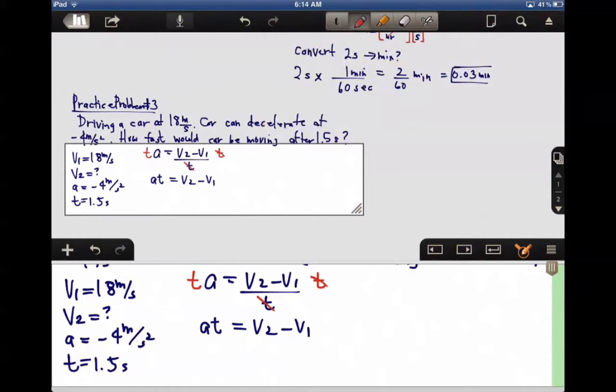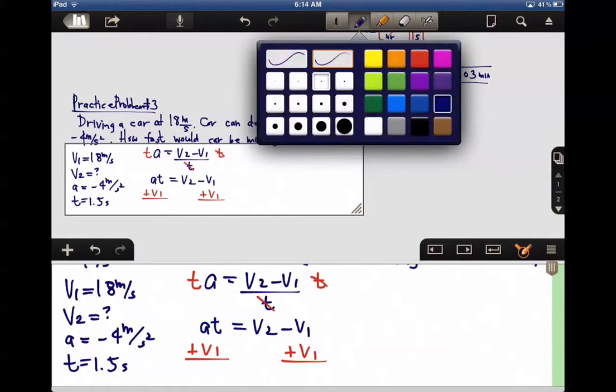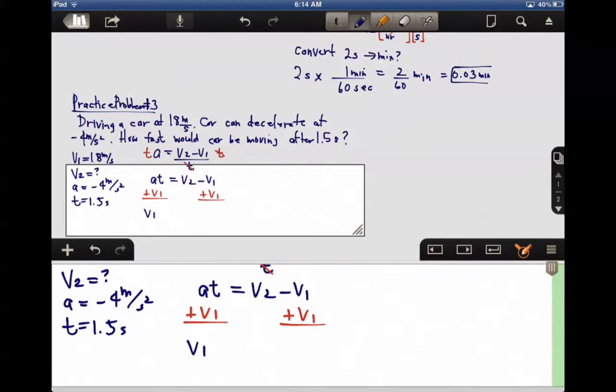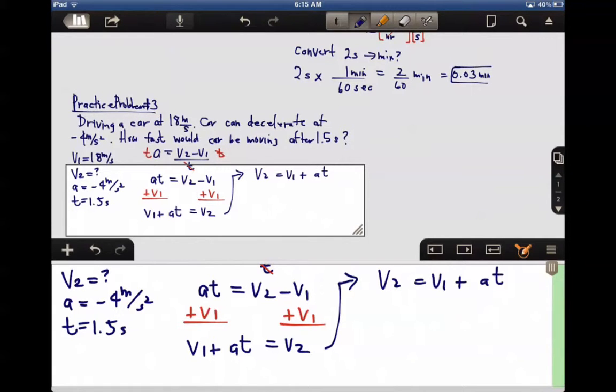And then I'm going to add V1 to either side, and that will leave V2 all by itself. And so this equation becomes V1 plus AT equals V2. So I'll bring that over here. V2 equals V1 plus AT. And now I can plug and chug.